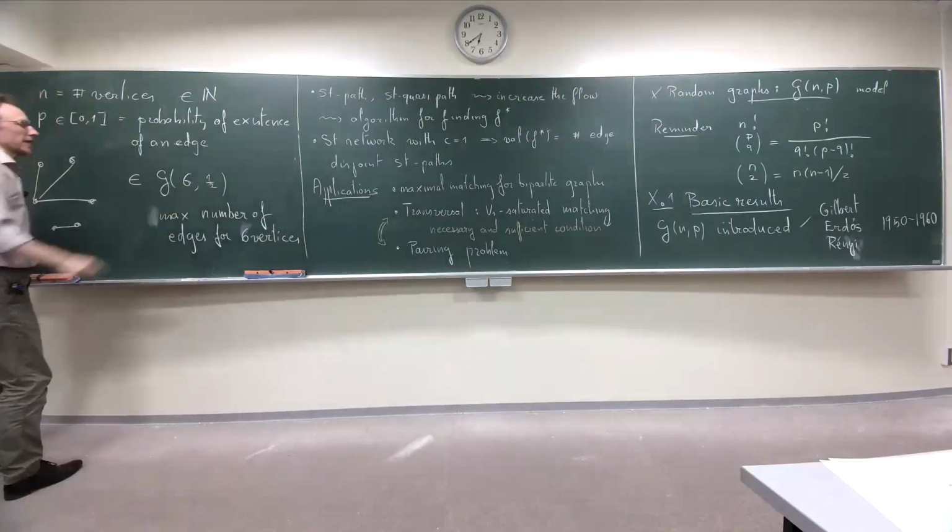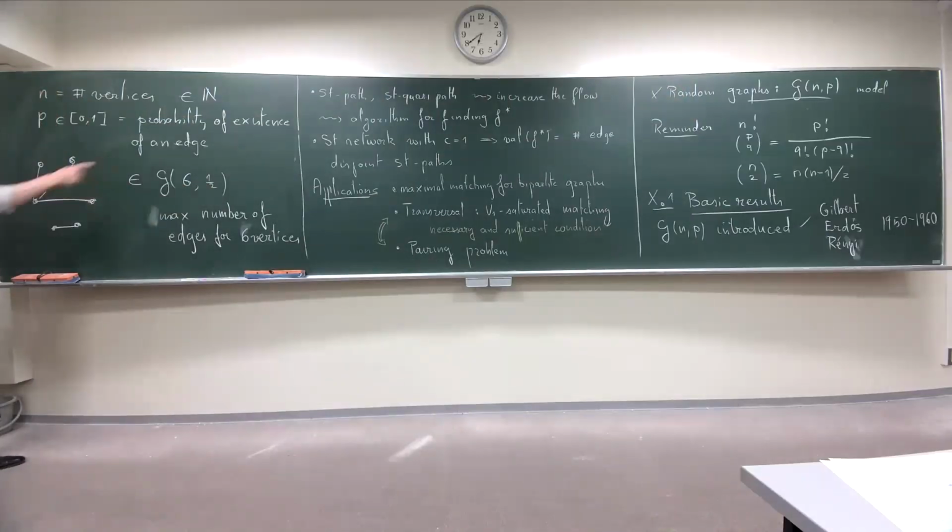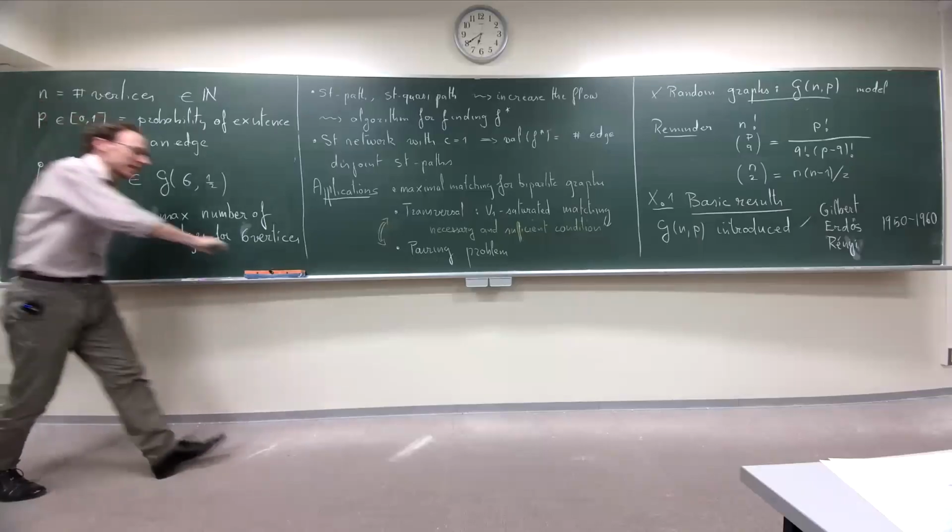Now, if I take each of them with a probability 1/2, on average, I should have 7.5. But of course, this is still an element of this graph because it has six vertices. By chance, I took each of them with a probability 1/2, but it doesn't mean I can get anything.